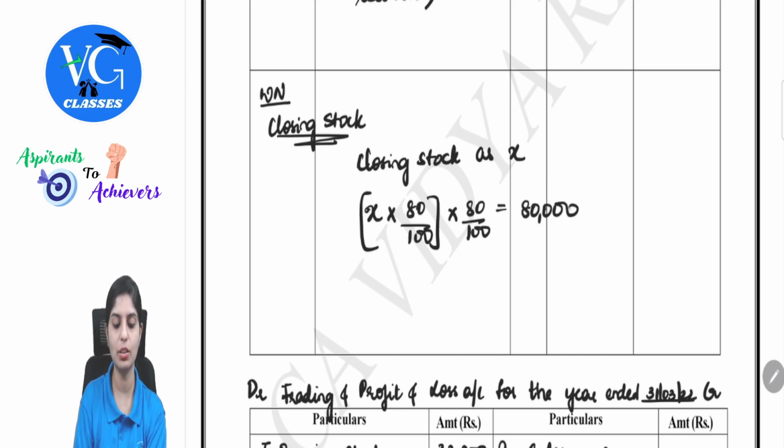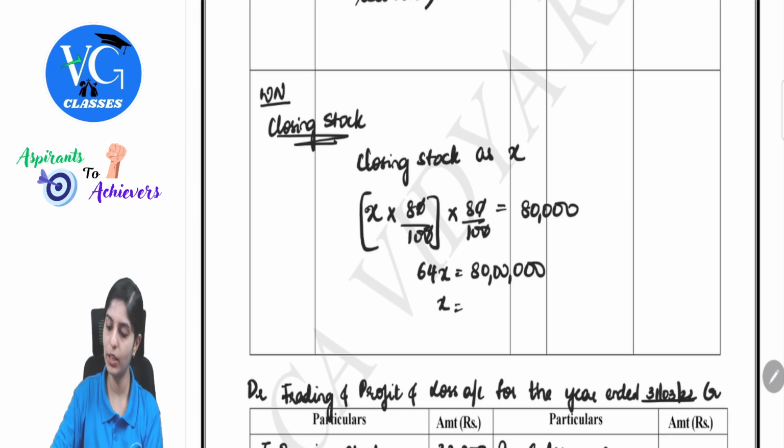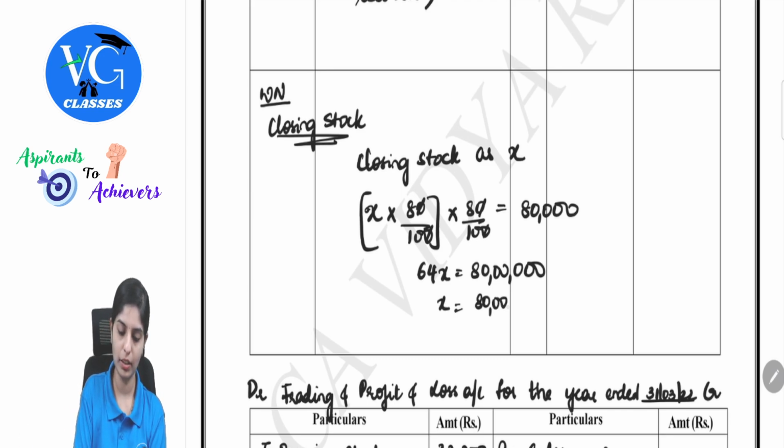So this is 80,000, and it is already given to us in the question. So can we find out what X is? Yes or no? Yes. So 80,000, if I just cancel out zeros here, I'll be left with 80,000 into 100. So this side it will be 64X is equal to 80 lakh. X is equal to 80 lakh divided by 64, that is 1 lakh 25,000.